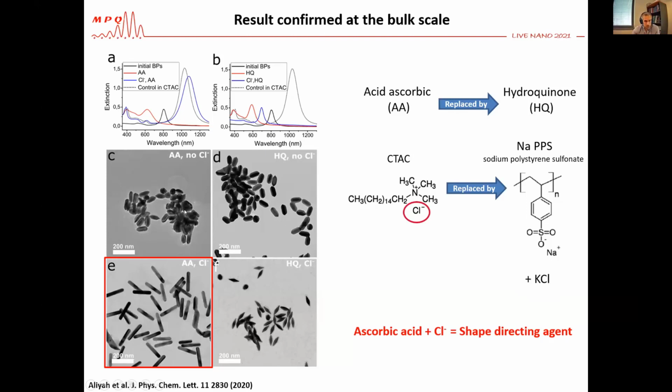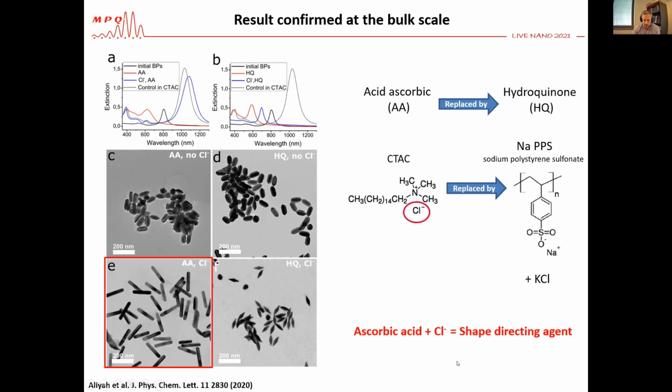And here you have the result of all those syntheses, and you see that it's only when we have ascorbic acid with the counterions, with the chloride ions, that we obtain the anisotropic growth of nanorods. So this clearly confirms our observation at the nanoscale, and we can say that the ascorbic acid plus the counterions of the CTAC play the role of shape directing agent in this synthesis.